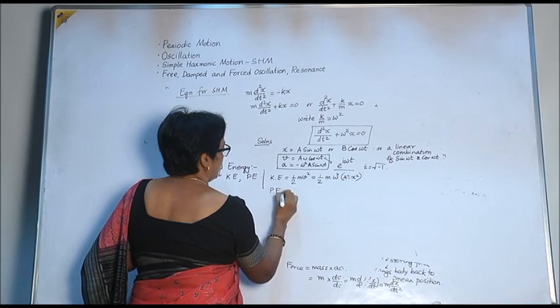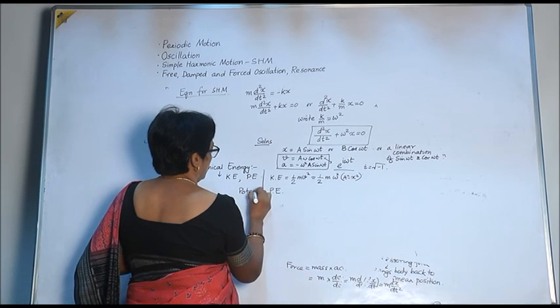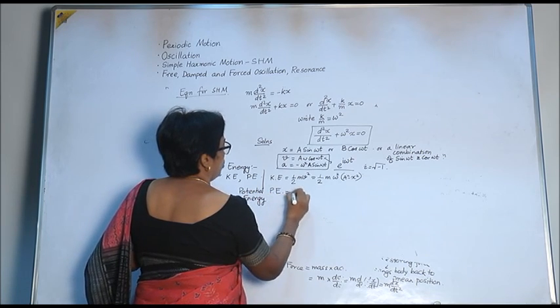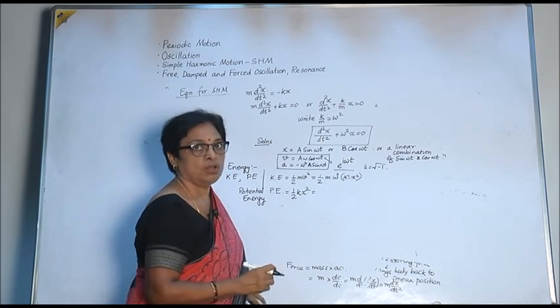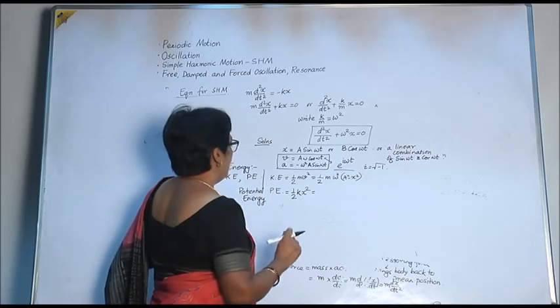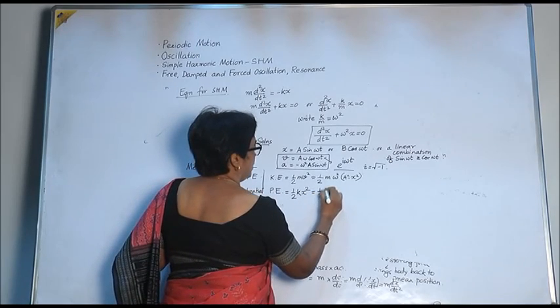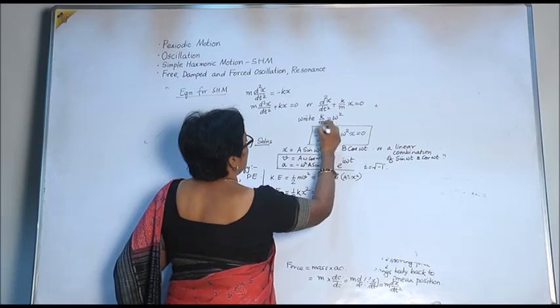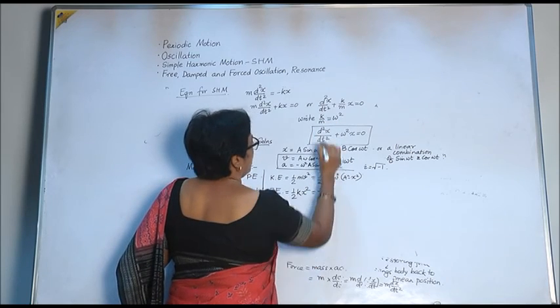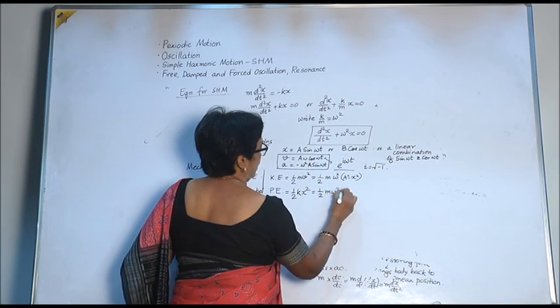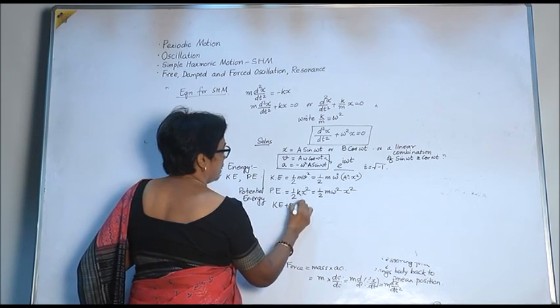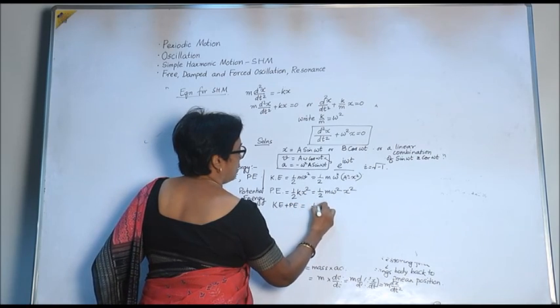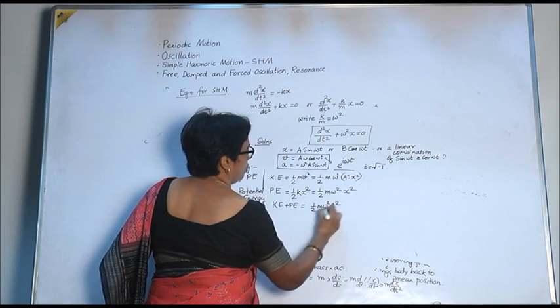Potential energy will be half k x square, the energy stored in a spring. k is equal to m omega square, so this is half m omega square x square. If you add them, kinetic energy plus potential energy, what I get is half m omega square a square, which is a constant.